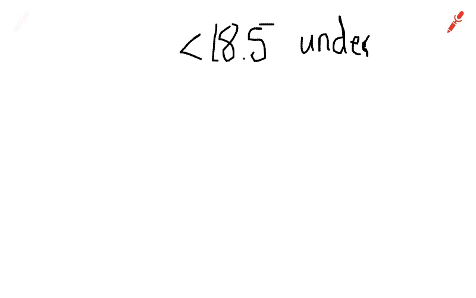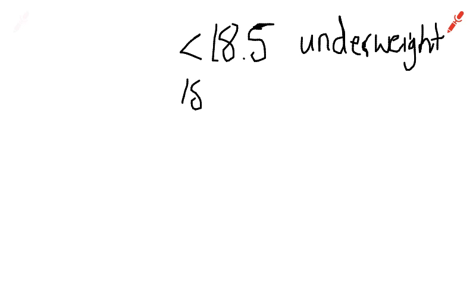Besides calculating them, of course, the ranges: if someone's BMI is below 18.5, that means they're underweight. There's really no way around that. At least if you're overweight, you can say someone's very muscular, but if you're underweight, you're underweight. That number does not lie if it's below 18.5.